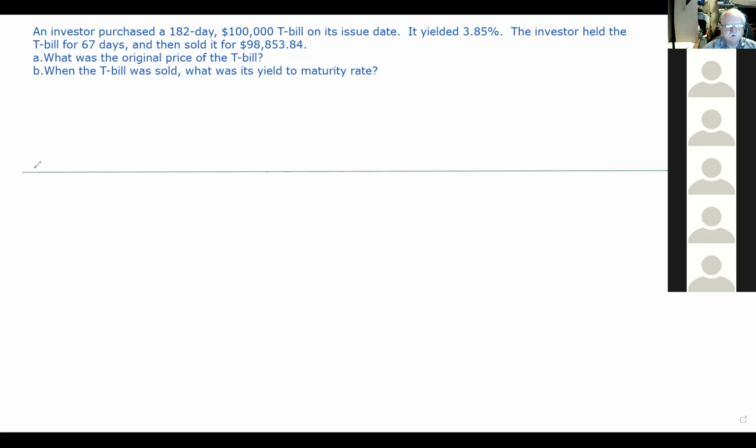We know this is 182 days. And we know it's at 3.85%. And it's a $100,000 T-bill, so it matures to 100,000.